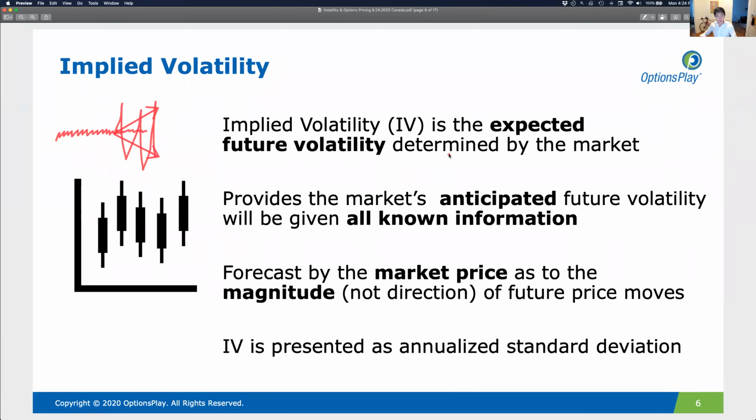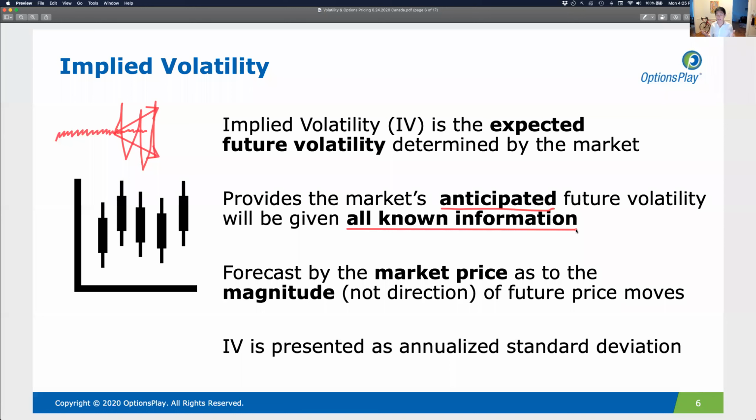So what we're really looking at is the anticipated future volatility that the market is pricing, given all the known information. Because if you think of the market as one large auction where there is an unlimited number of players buying and selling a specific asset and all known information is out there, then you can think of the market as a way to disseminate all the information that's currently out there.